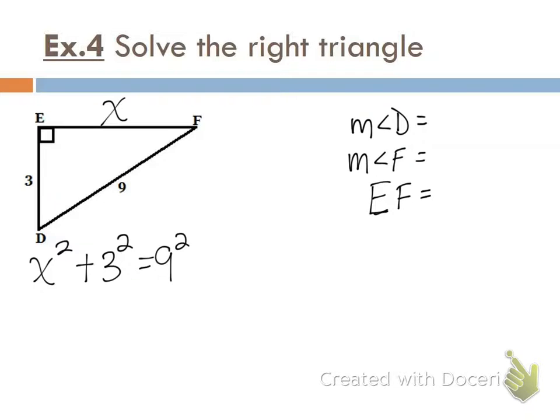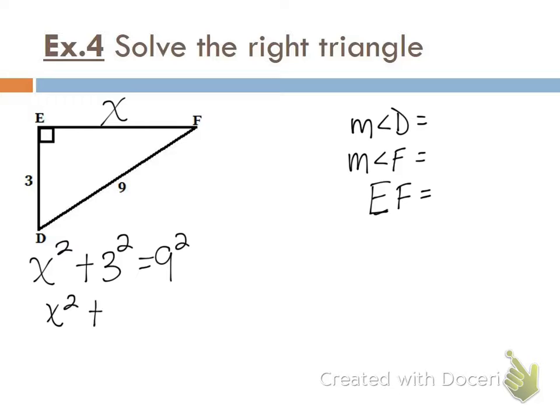You're correct. But I'm going to go all the way back to this because some people have been plugging things in the wrong spots. Some people have been acting like every time you're looking for something, it's the hypotenuse. That is not the case. The hypotenuse is always across from the right angle. So whatever you're plugging into C should always be across from the right angle.